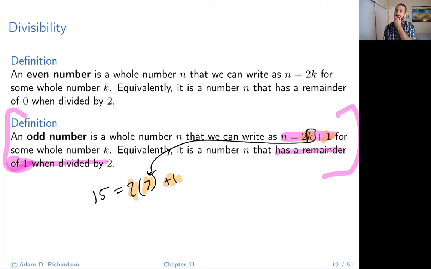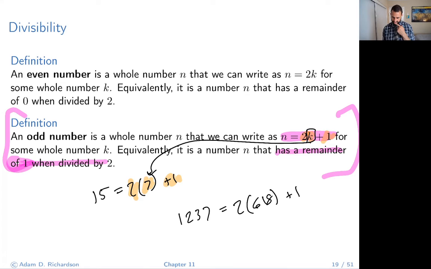Let's see. How about the number 1237? Whew. Okay, gave myself a somewhat hard one. Let's see. I can write this as 2 times 618 plus 1. Is that right? Let's see. 2 times 600 is 1200. 2 times 18 is 36.